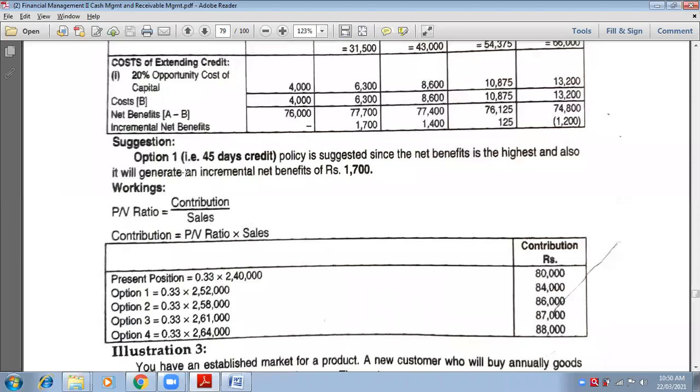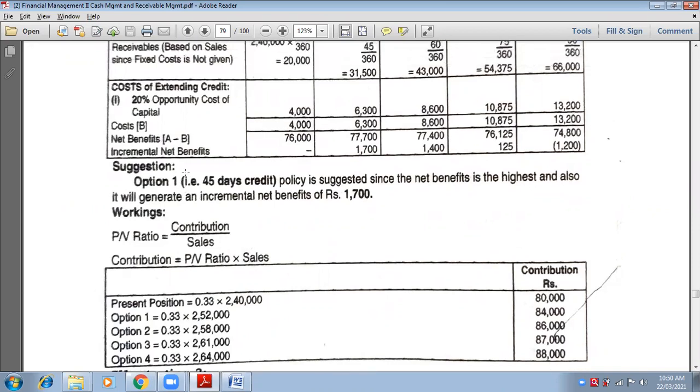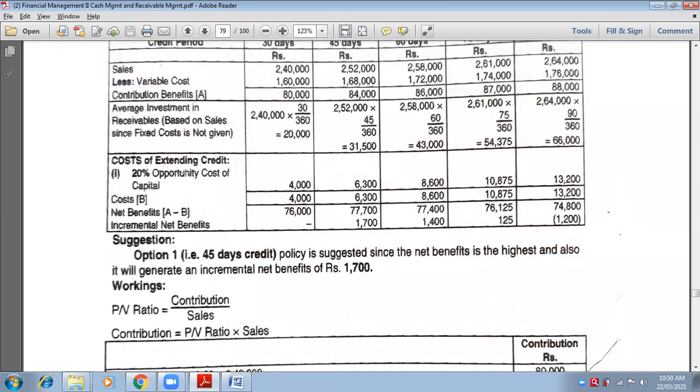Recommended means suggested. Is recommended since it gives highest net benefit.